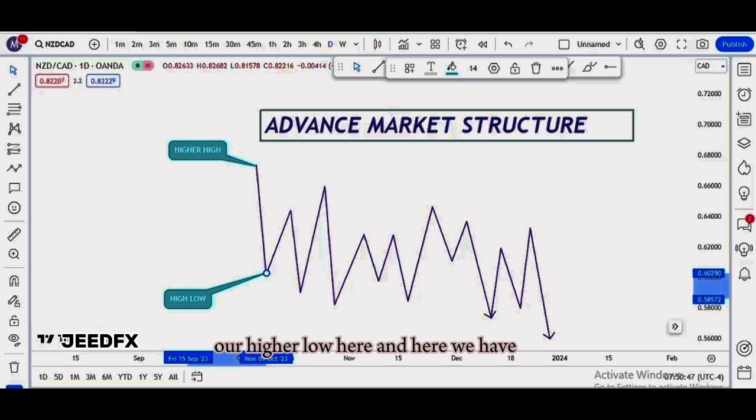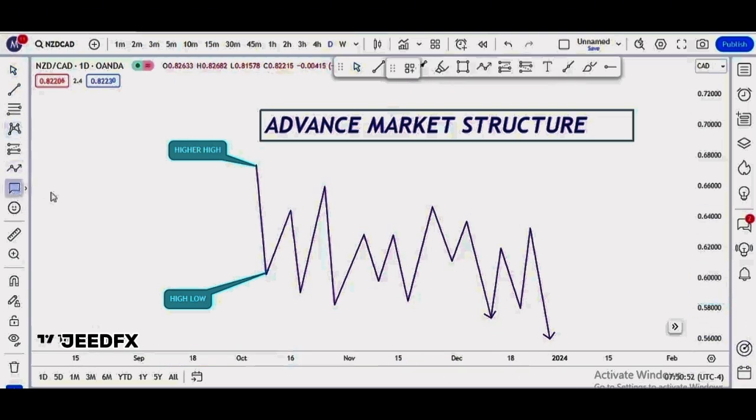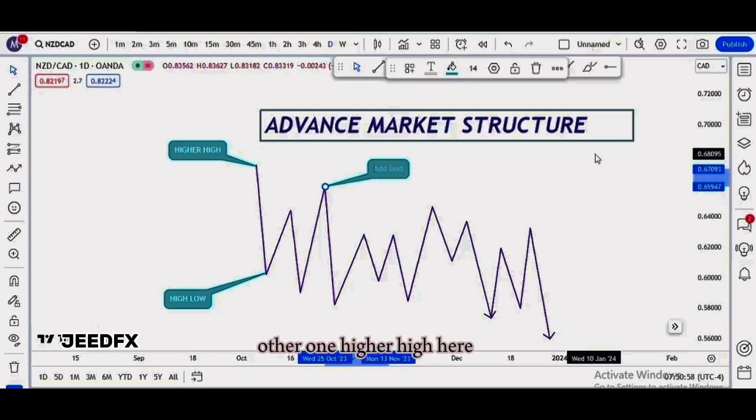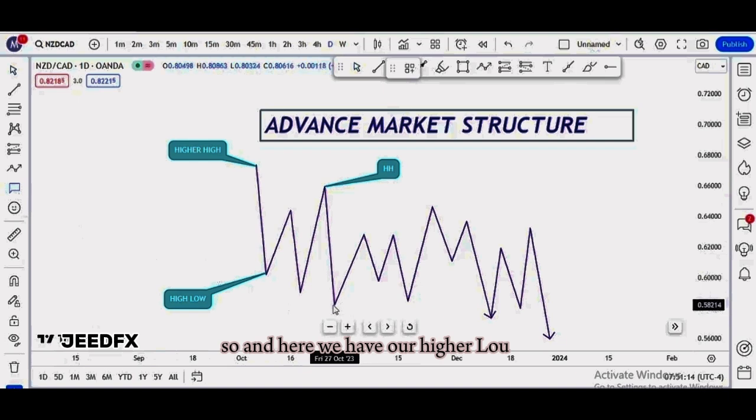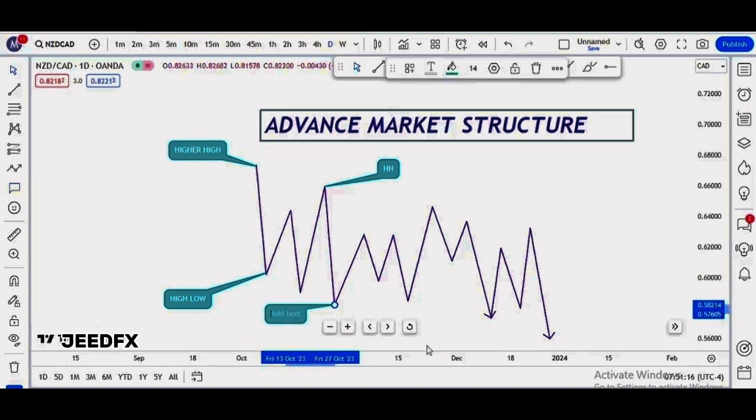Have our higher low here, and here we have our higher high. Have our higher high here, higher high. Let's shortcut it, guys. Higher high. And here we have our higher low. Have our higher low here, higher low.